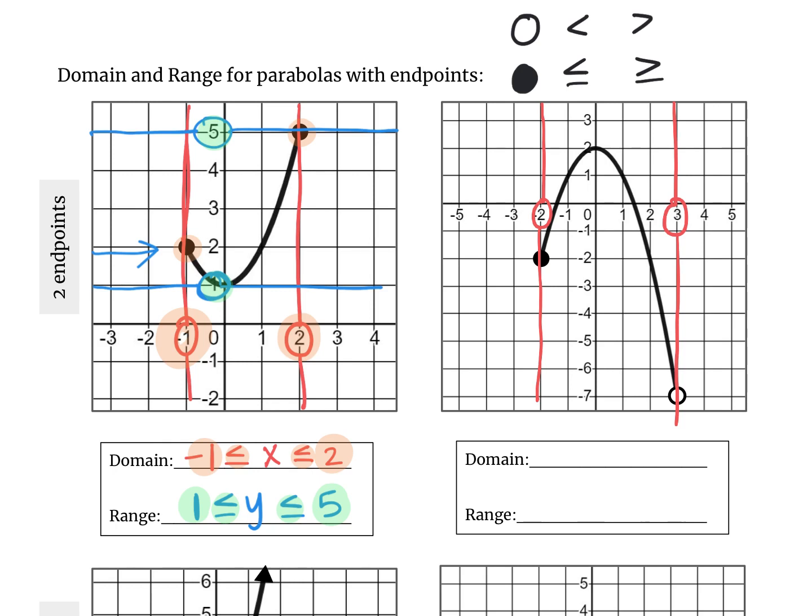So when I write out my domain, I want to start at the smallest number, so -2. Because it is a closed circle, that is less than or equal to x, and then all your x values after -2 have to be less than 3. Since I have an open circle here, it is less than.